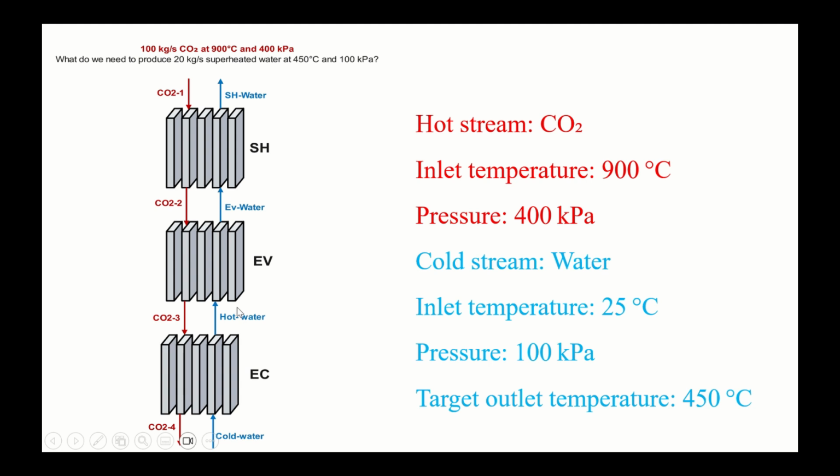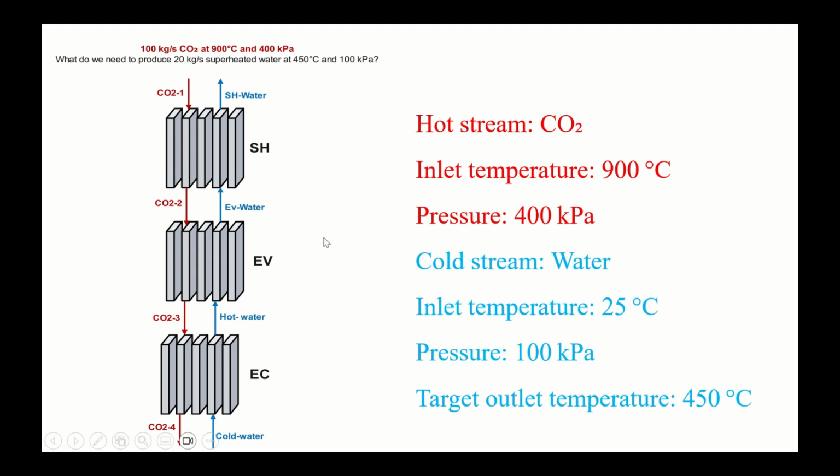Then it enters the evaporator to be vaporized. And finally it goes to the superheater here to become superheated steam. All cold sides are water and the hot sides are CO2.